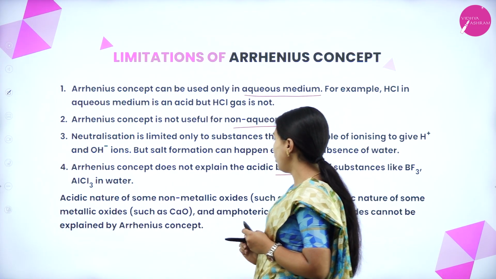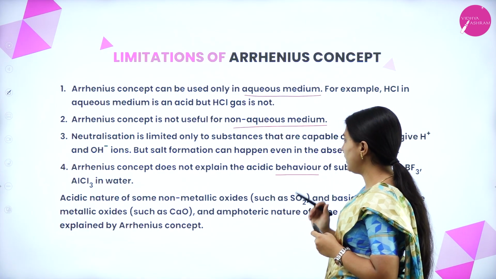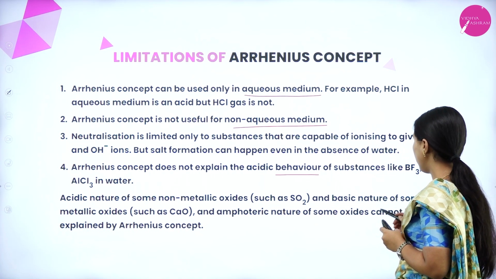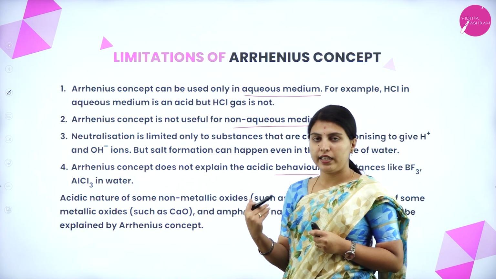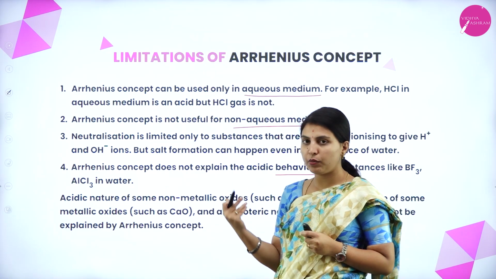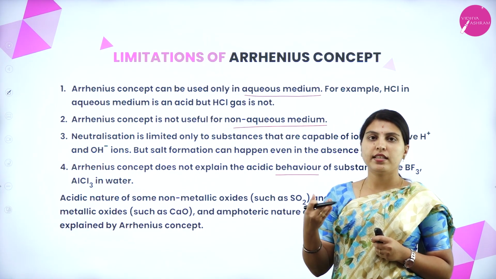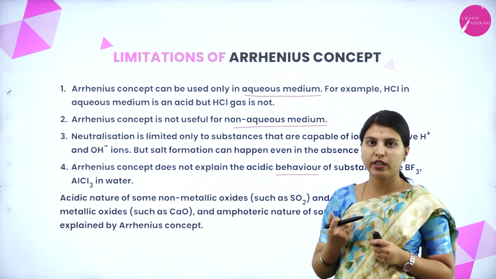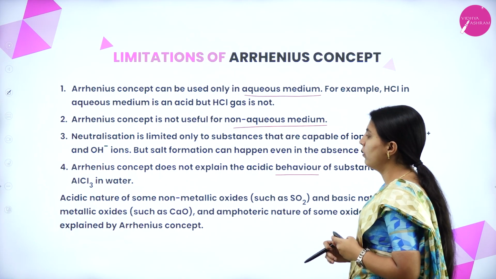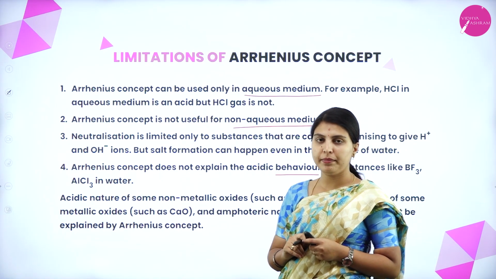The acidic nature of some non-metallic oxides, the basic nature of some metallic oxides, and the amphoteric nature of some oxides cannot be explained by the Arrhenius concept. These are the limitations of the Arrhenius concept.